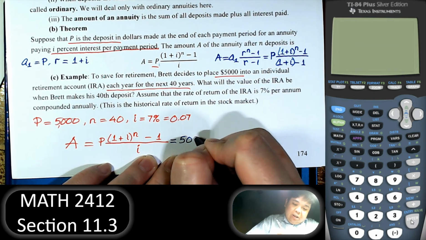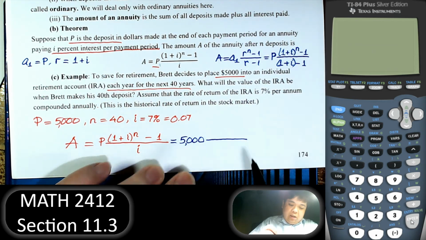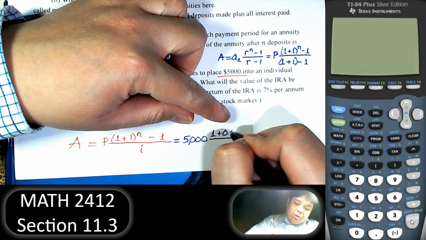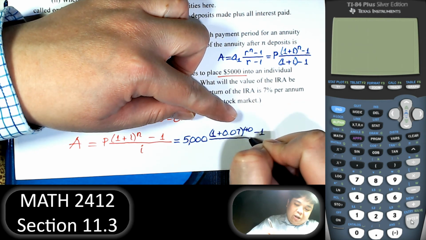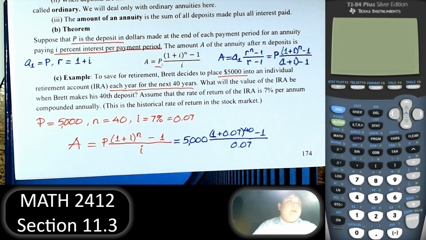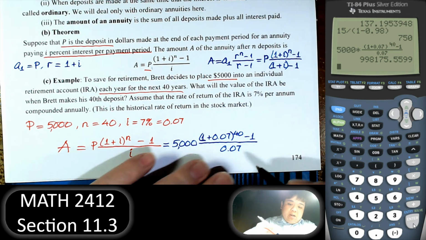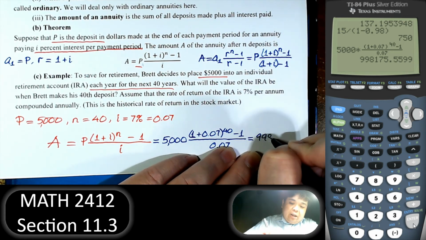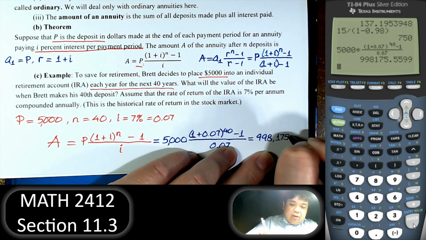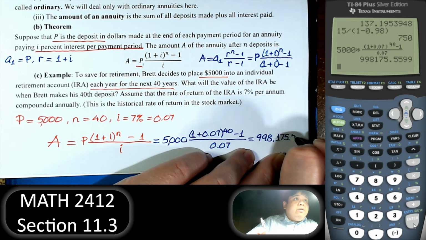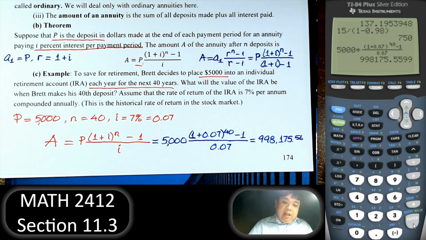So it's 5,000 times a fraction: on the top is 1 plus 0.07 to the 40th power minus 1, over 0.07, and we end up with that much. $998,175.56 cents, right? So almost a million, right?